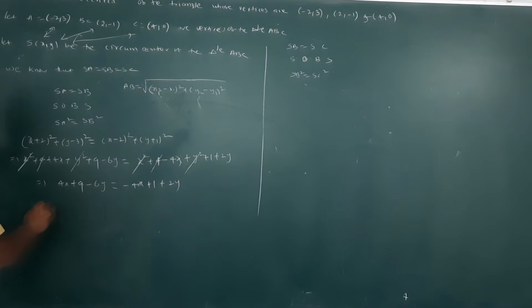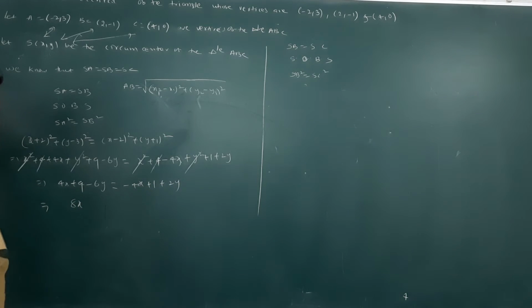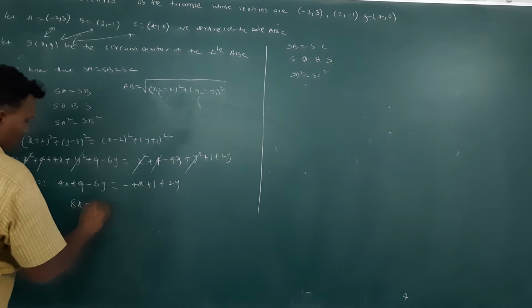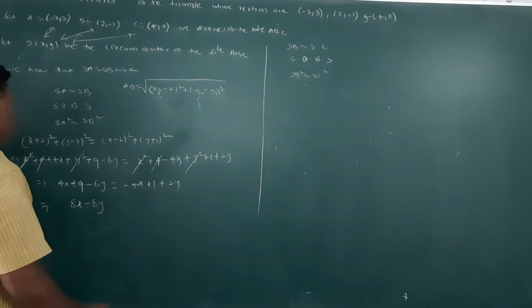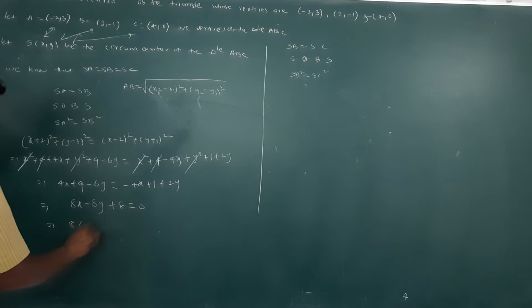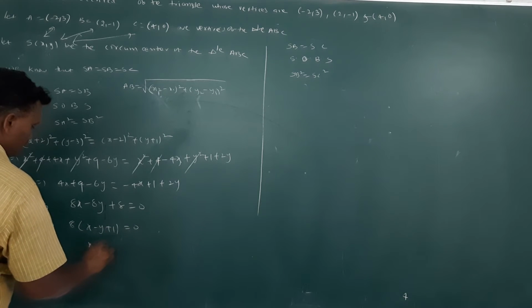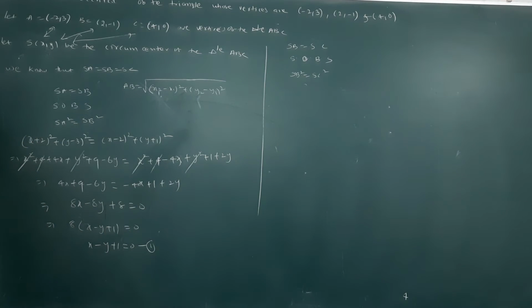Minus 4x goes to the left side, becoming plus 4x: 4x plus 4x, 8x. Plus 2y goes to the left side: minus 6y minus 2y, minus 8y. Plus 1 goes to the left side: 9 minus 1 is equal to 8. We take the common term 8: x minus y plus 1 is equal to 0. Equation number 1.